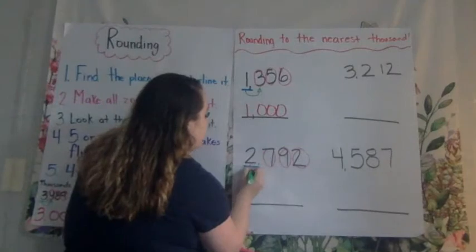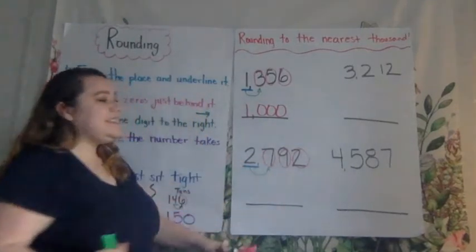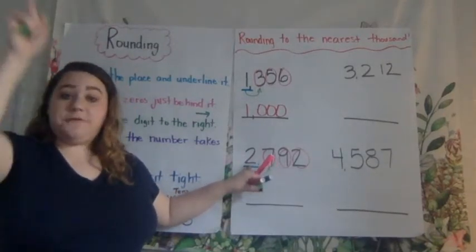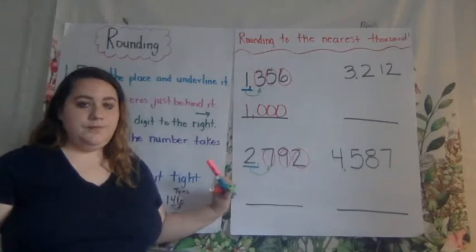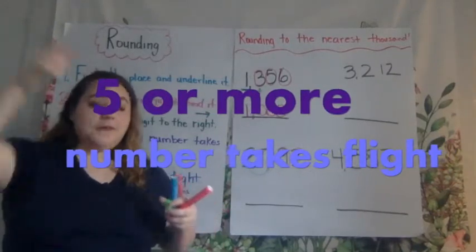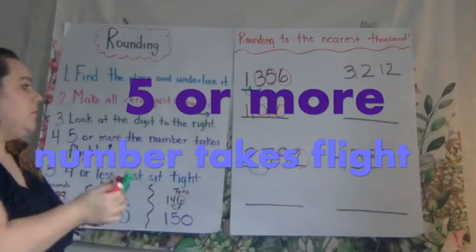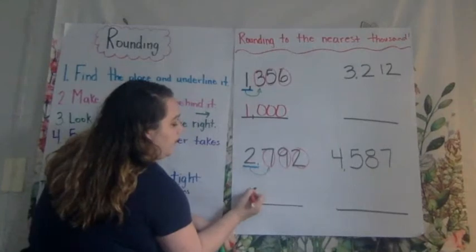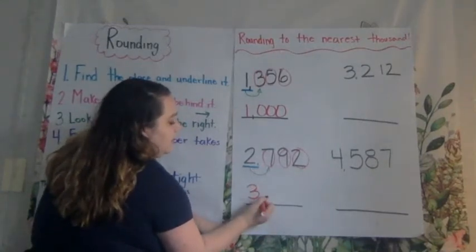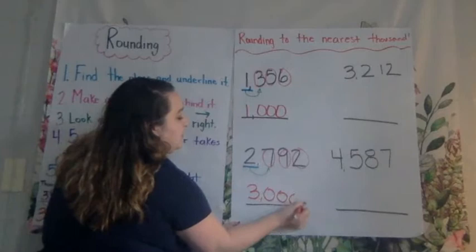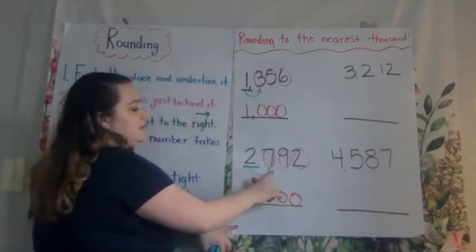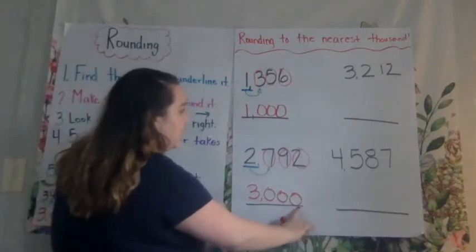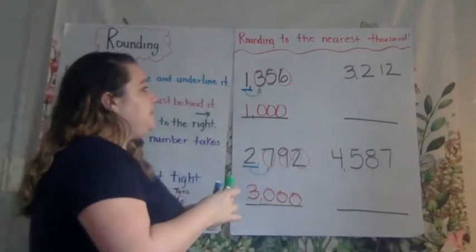It's a 7. So should my 2 go up? Should it take flight? Or should it sit tight? It needs to take flight. Good, because 7 is 5 or more. So now I add 1 more to this 2. 1 more than 2 is 3. Good. And then I bring my zeros down. 2,792 rounded to the nearest thousand is 3,000. Good. Let's look at the next one.